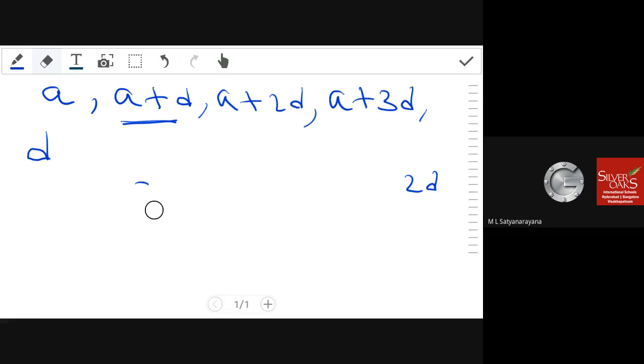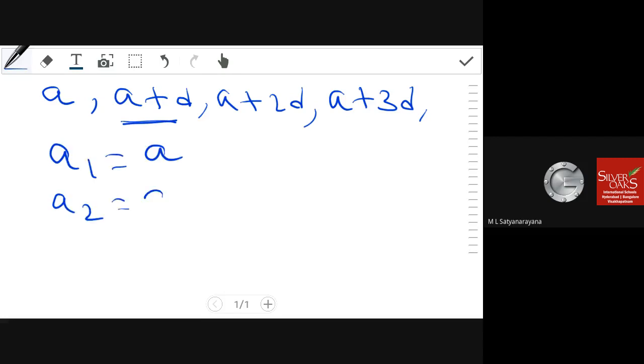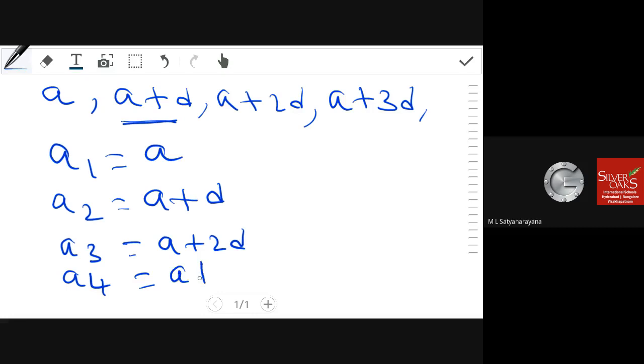Now, what I want to tell you is a simple thing. If the first term is a, the second term is a plus d, the third term is a plus 2d. Observe, just observe. The fourth term is a plus 3d. It's a very nice observation. The second term is a plus d, the third term is a plus 2d, the fourth term is a plus 3d.